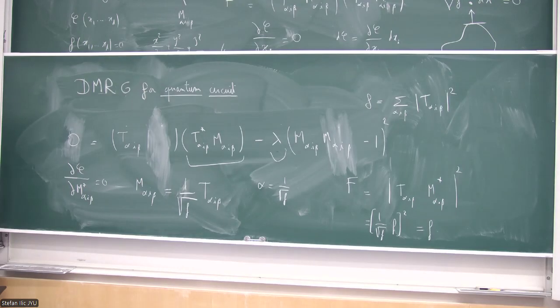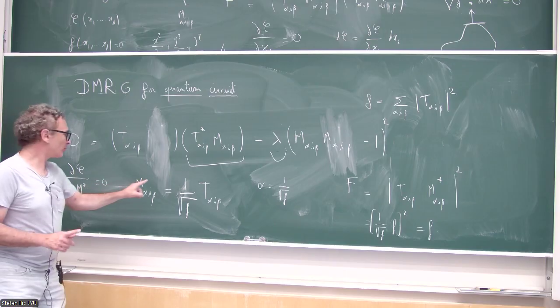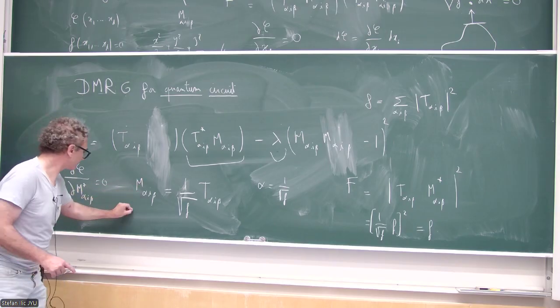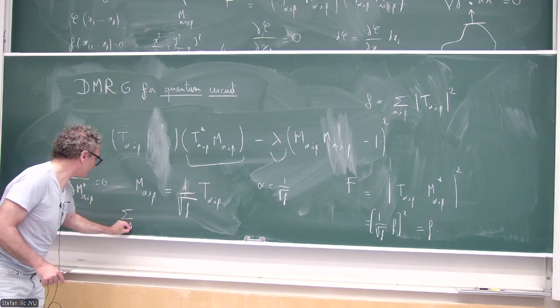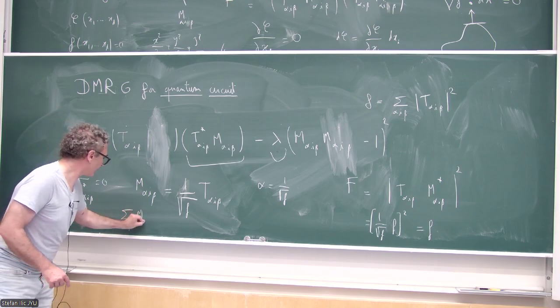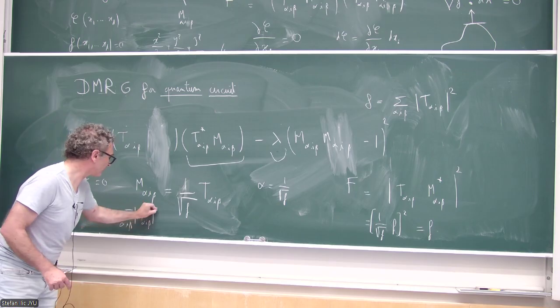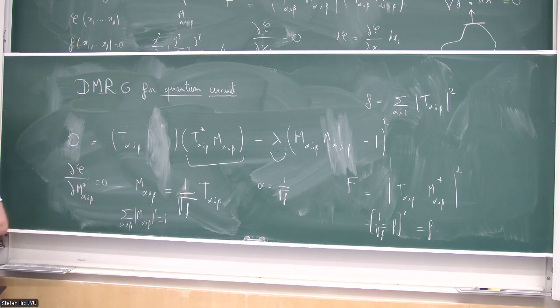So if I take the norm of this tensor, which I get with the whole contraction, it is actually the fidelity of the operation. The norm of the sum over alpha i beta of M alpha i beta squared is 1. That's the normalization of your state. So I just calculate the normalization of T, and you get the normalization of M.